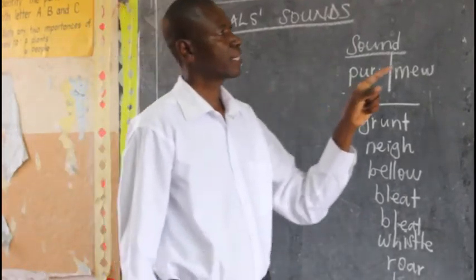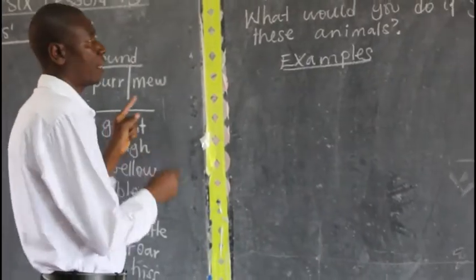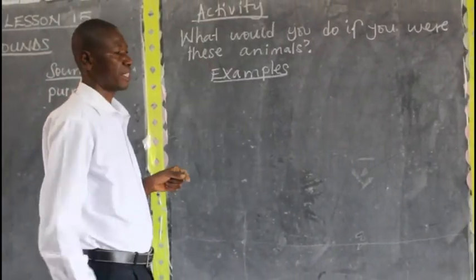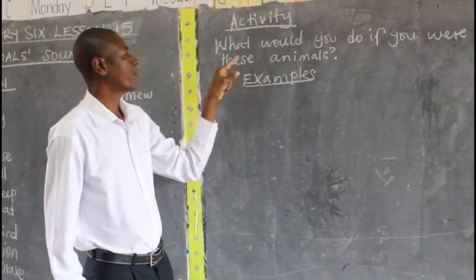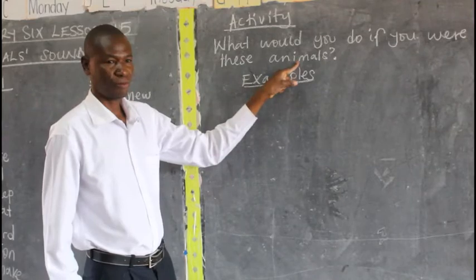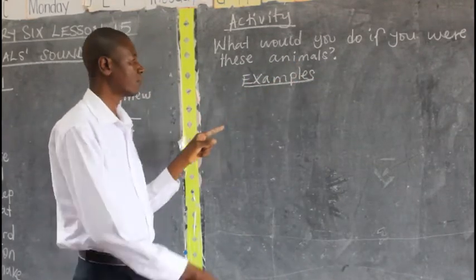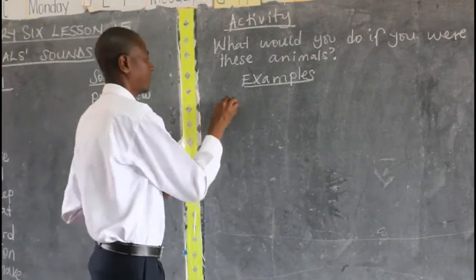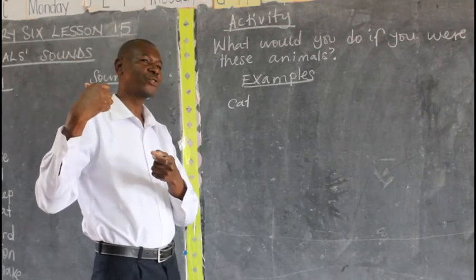Now in the activity I have given here, you will fill in the table given, and also another activity is here. What would you do if you were these animals? So I have put a list of animals, for example, cat. That means taking you back to our if-to.